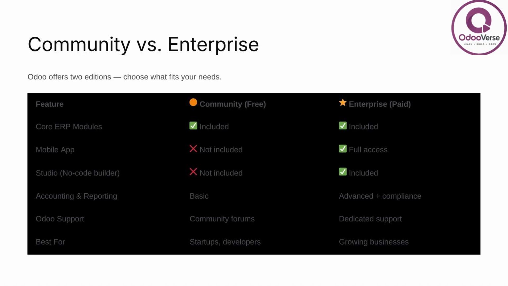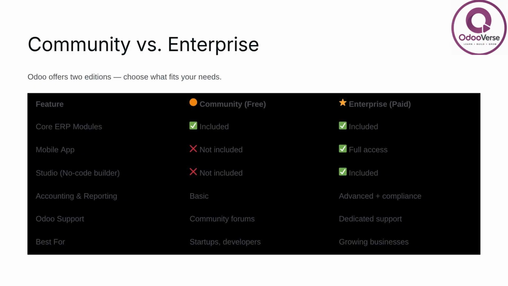Odoo provides two editions, Community and Enterprise. The Community edition is free and open source. It includes core ERP modules and is widely used by developers, students, and startups. The Enterprise edition is paid and provides additional advanced features, for example, mobile app support, Odoo Studio, Advanced Accounting, and dedicated support.